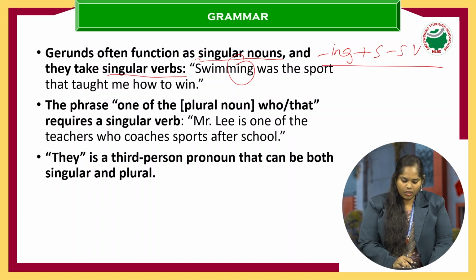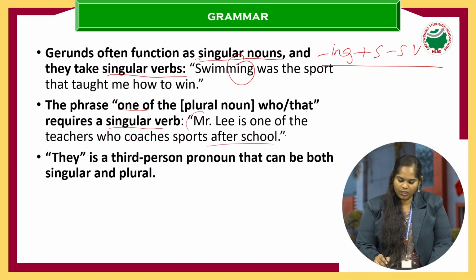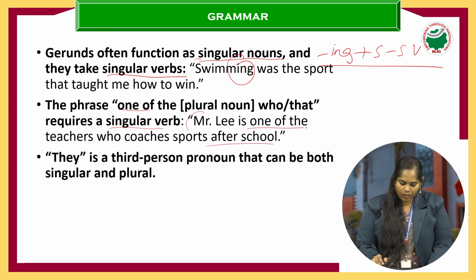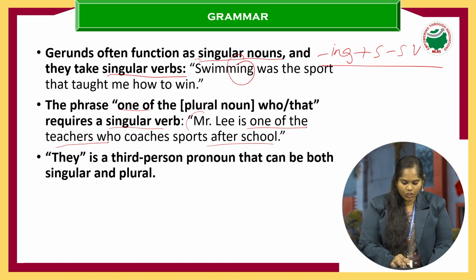Fine. And whenever you see the phrase one of a plural noun, who and that require a singular. So here the example makes it clear. Mr. Lee, we are only talking about one person among the whole teachers, who coaches sports.